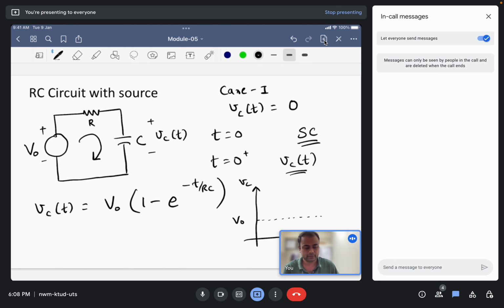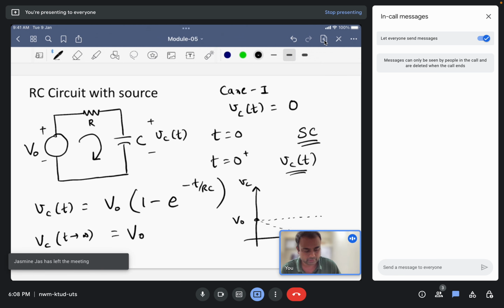So in that case, the voltage at t equals 0 will be V0, and soon the capacitor will start to discharge. In case we connect the circuit, the capacitor will be getting charged, and the final voltage across the capacitor, Vc at t tends to infinity, will be V0.